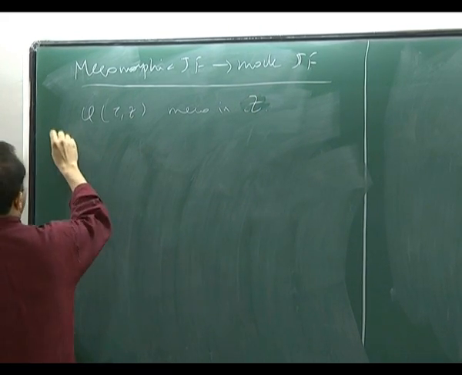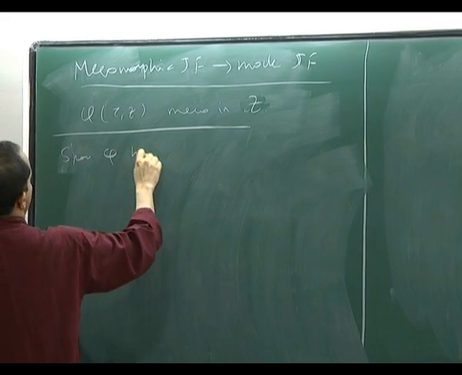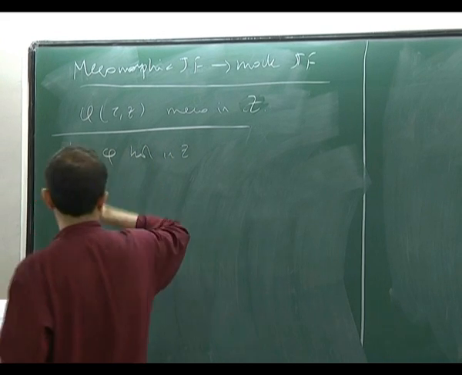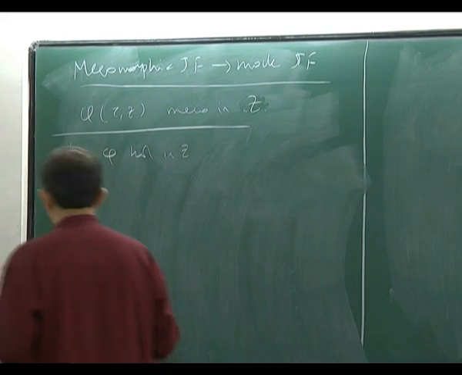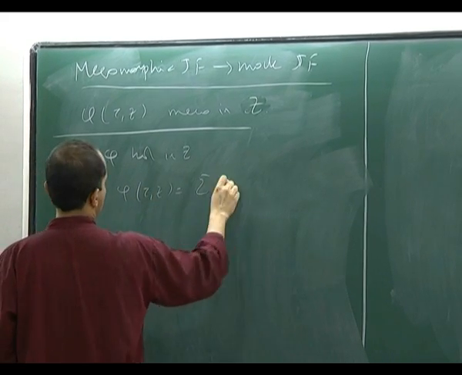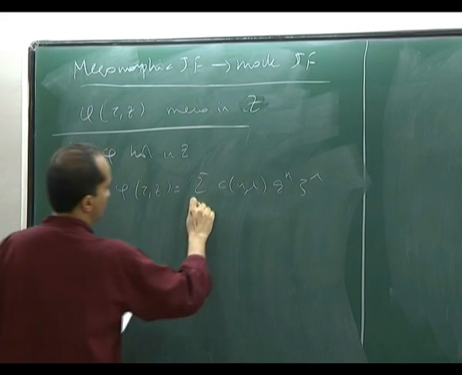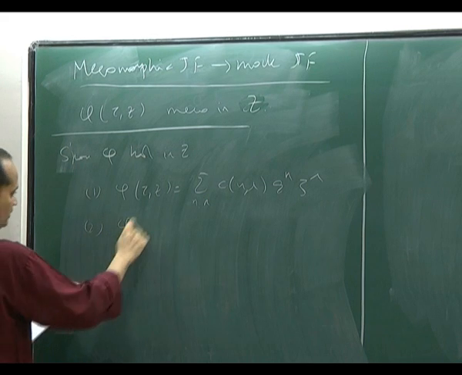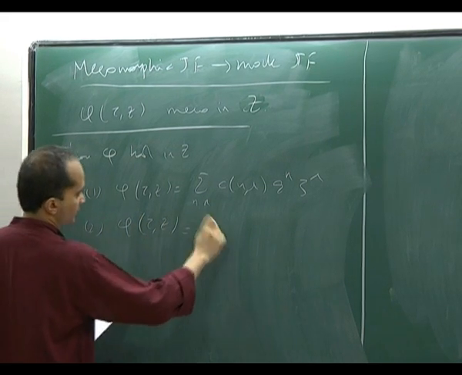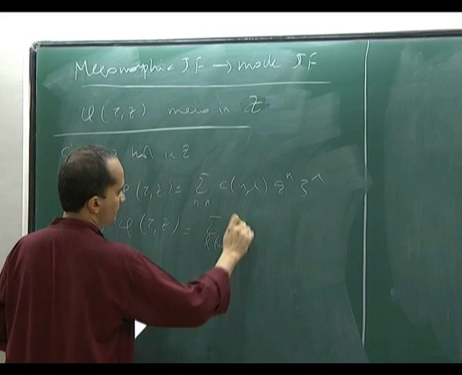So suppose phi is holomorphic in z. It's always holomorphic in tau. Then we've seen that phi of tau, z has this Fourier expansion. I'm recalling that there's a theta expansion.